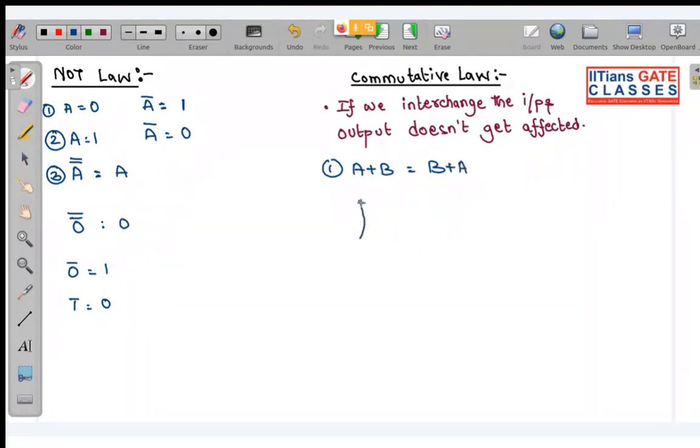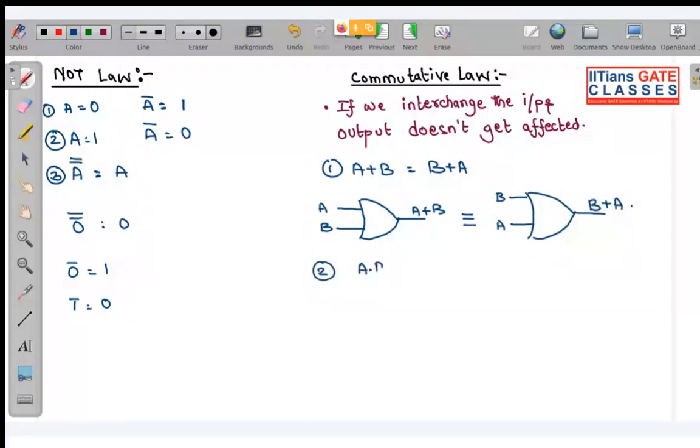If you take OR gate, so if this is A, this is B, this will be A plus B. So this is equivalent to, so this is the same thing. Okay. Second, it can be A dot B, it is equal to B dot A. Third can be what?